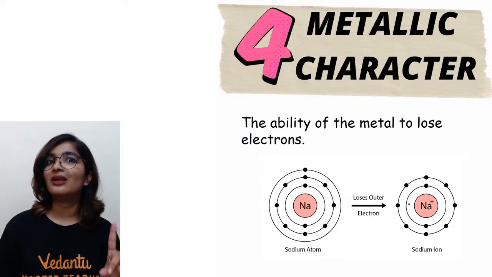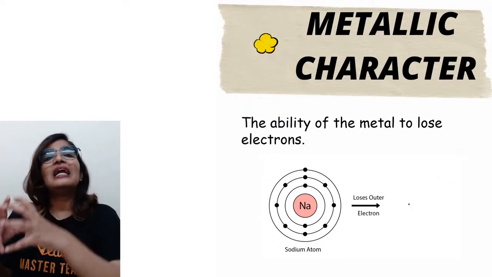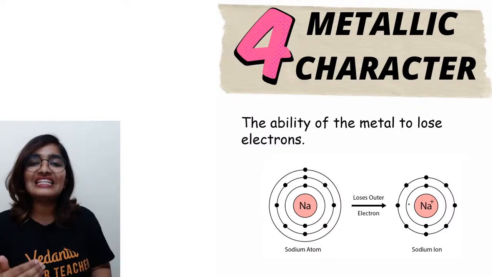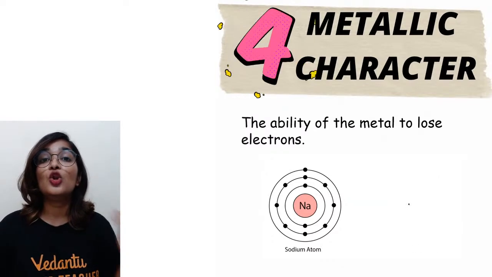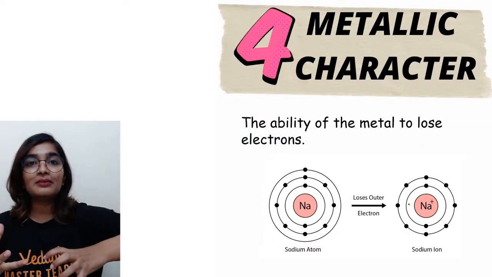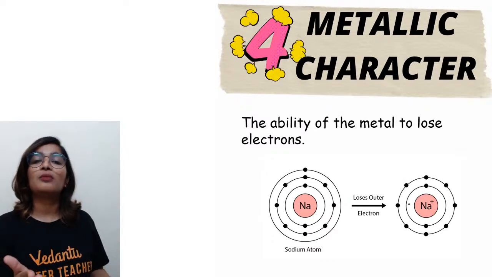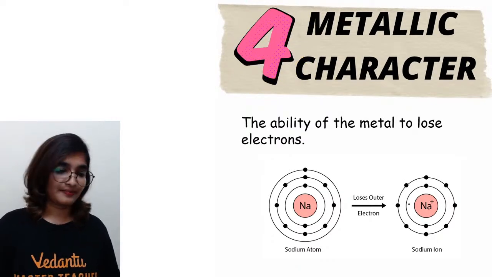But there will be one who is not ready to give. So metallic character is with what ease a metal atom can lose electrons. If metallic character is higher, it means it can easily give electrons and form a positively charged ion.